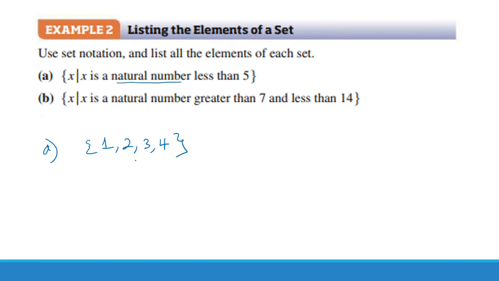So these are all the numbers that are less than 5 that are natural numbers. Part B, x such that x is a natural number greater than 7 and less than 14. So we'll list the first number that's greater than 7. That's a natural number. That's 8, 9, 10, 11, 12, 13. We have to be less than 14, so we'll stop there. This is our set.